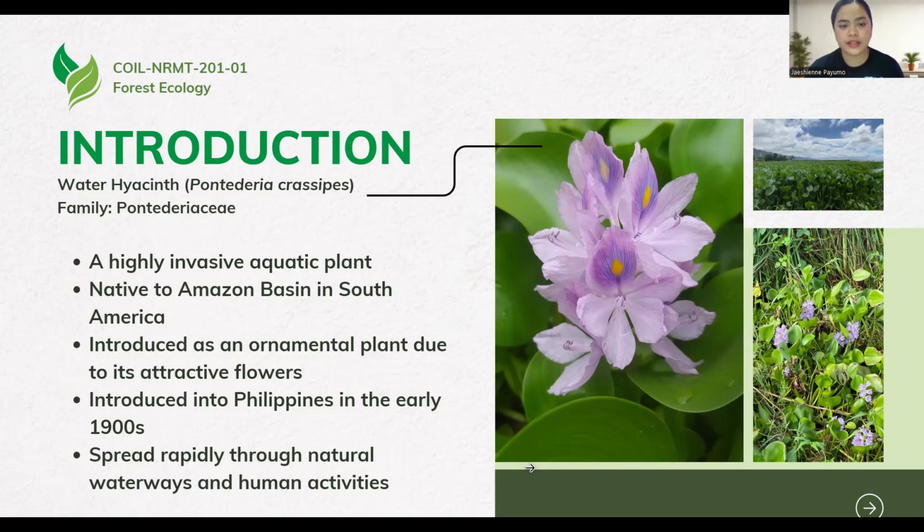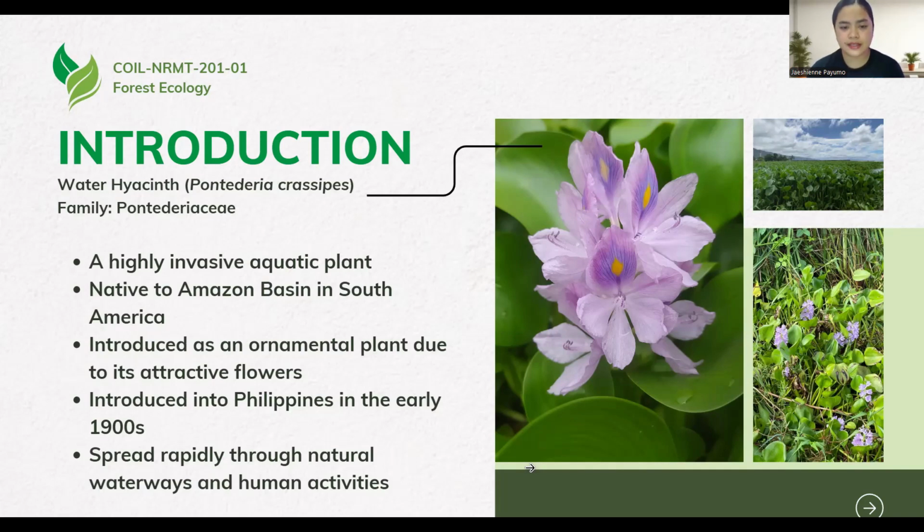After its introduction, water hyacinth spread rapidly through rivers, lakes, and irrigation systems. Its expansion was facilitated by water currents, seasonal flooding, and human activities such as the disposal of unwanted ornamental plants and the movement of contaminated boats or fishing equipment.